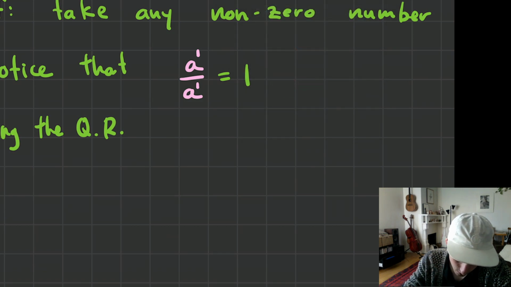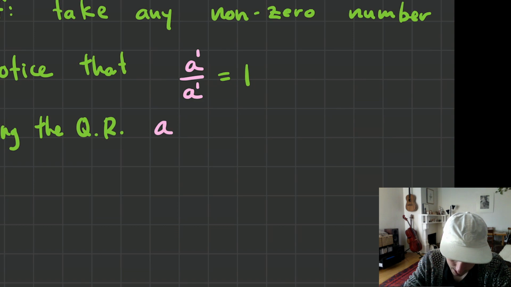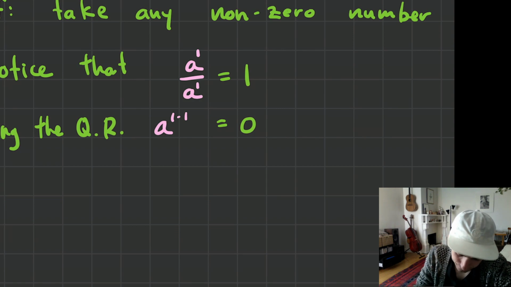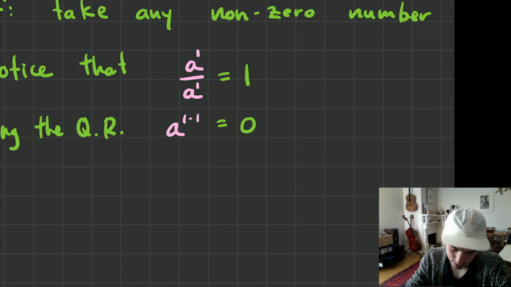Okay, so using the quotient rule, if I have two powers divided by each other and they share the same base, what I do is I subtract the exponents, right? I've got a to the power of 1 minus 1. That's equal to 0. Okay, that looks good, right? Because a to the 1 over a to the 1 is equal to a to the 1 minus 1. And you can probably see where this is going now. A to the 1 minus 1 is 0, a to the 0.